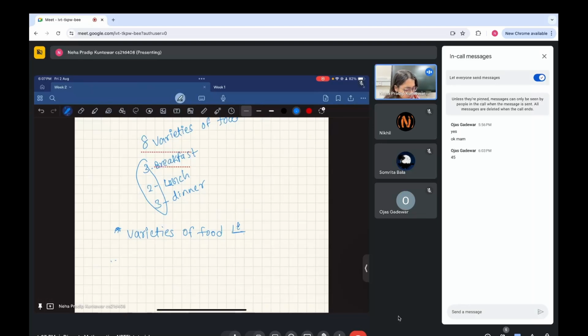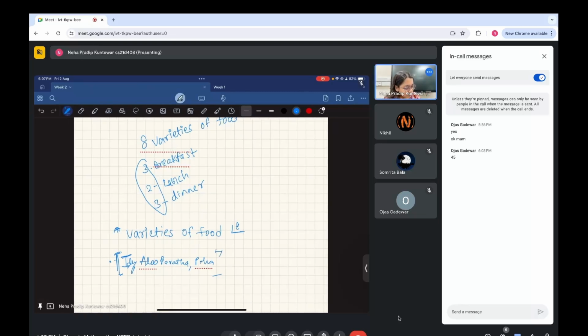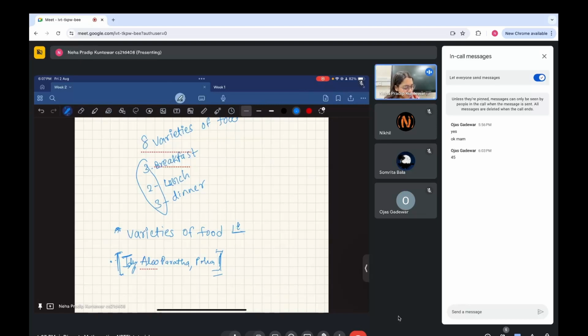So let's say one item that you have is idli, the other item is say aloo paratha, and the third one is, let's say, poha. If I rearrange them, so let's say I write aloo paratha first, and then idli, and then poha, should we consider these as different arrangements, or should this essentially be the same?